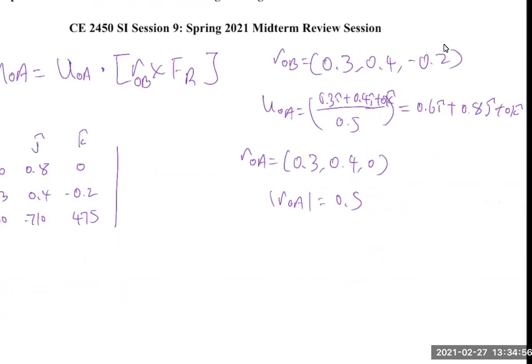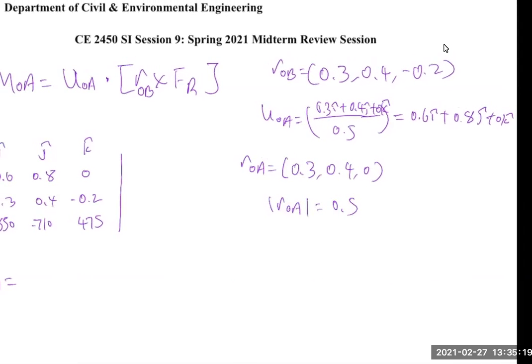Okay, all right, let's do M_OA. We can ignore K because it has a coefficient of 0 in front of it. So even if we do the cross product for K, the final answer is going to be 0 for K. So I'm not going to worry about K. Let's do I first. For my I, the coefficient is 0.6, and 0.4 multiplied by 475 minus negative 0.2 multiplied by 710.